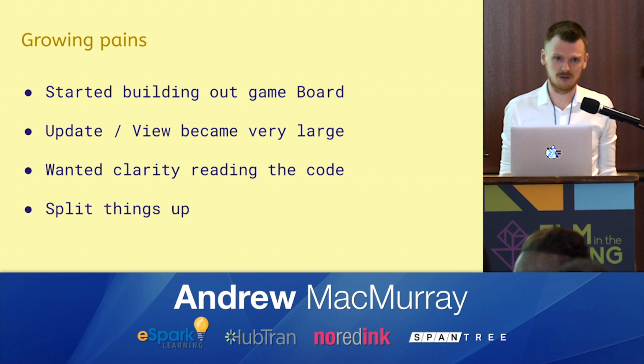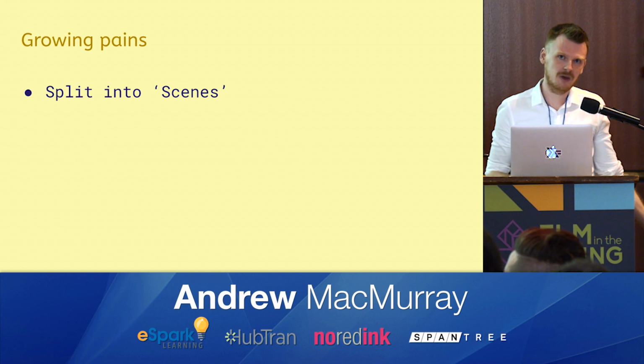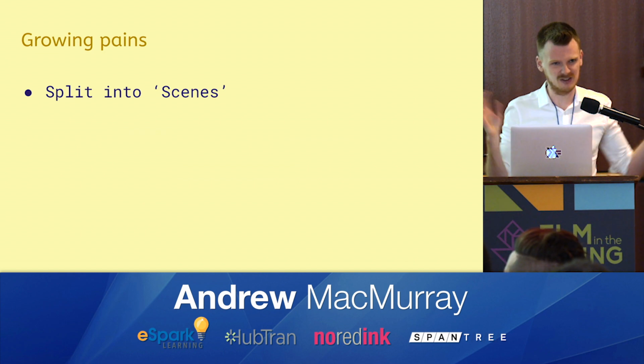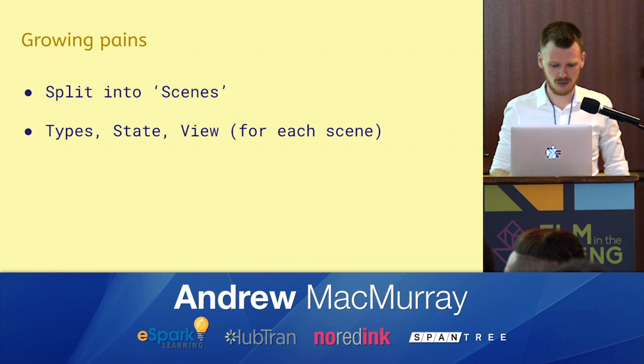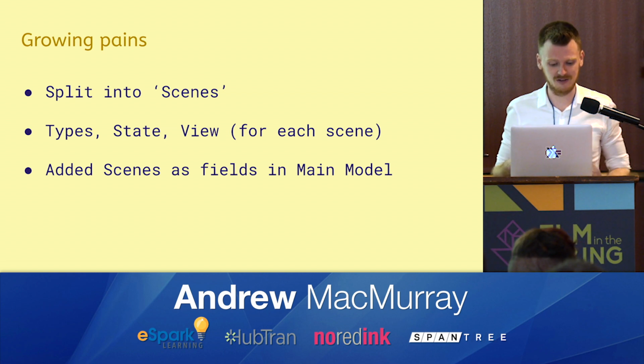So I thought, okay, I'll split things up. Maybe I could split the complex bit up into scenes. So I thought, right, I'll make a types, a state, and a view module for each.